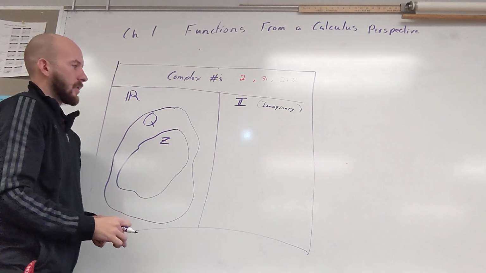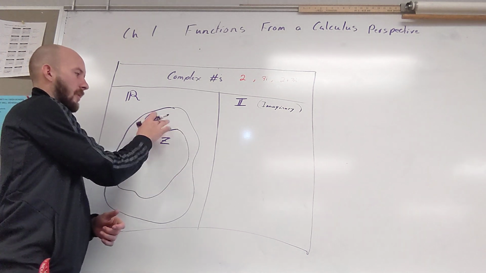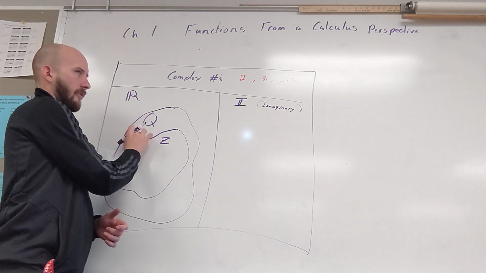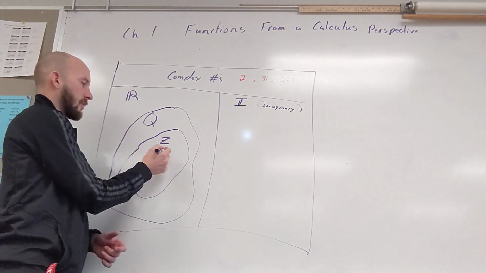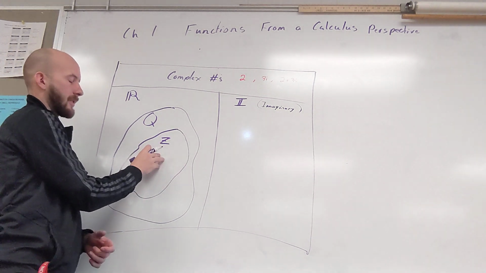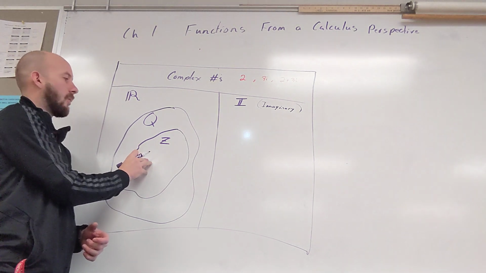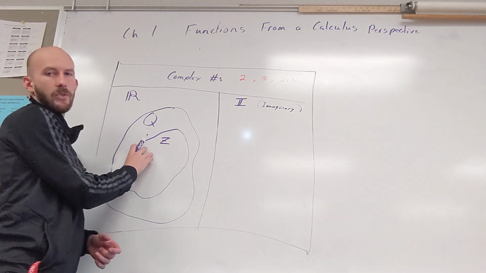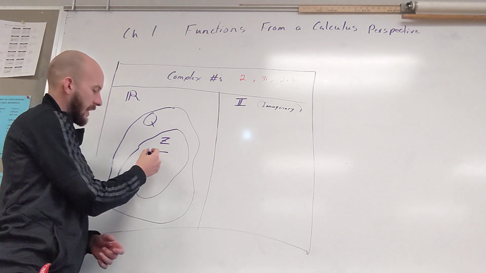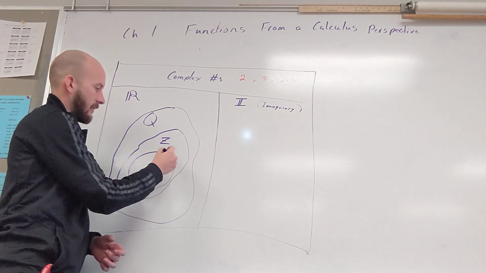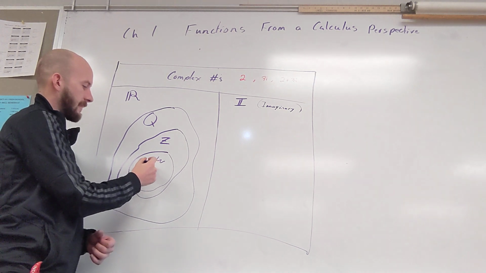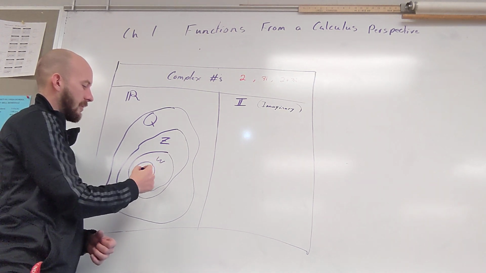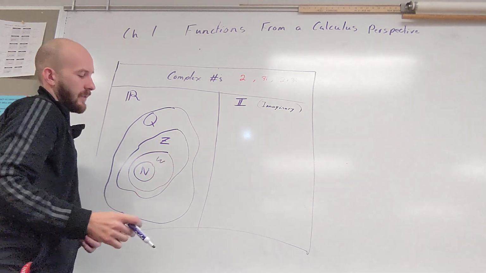Out here we have all of your fractions and decimals. This includes your integers, and then here we just have our positive or negative whole numbers, which is our integers. And then inside of that, we have whole numbers. And then the very, very smallest group is natural numbers.